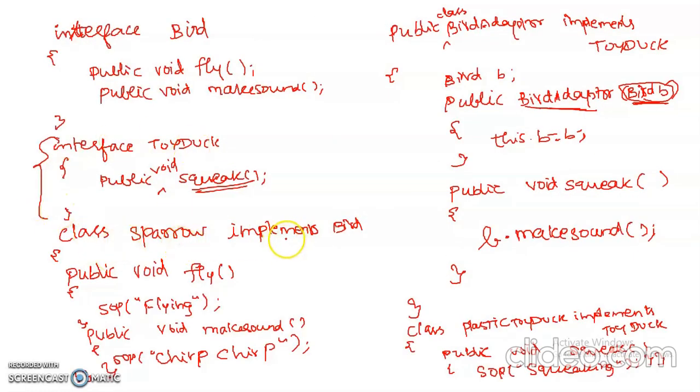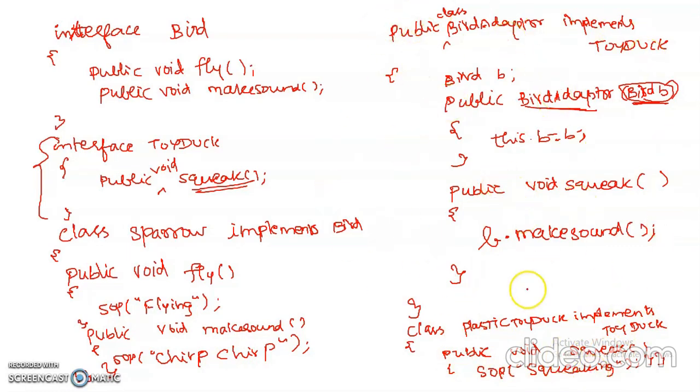So class Sparrow implements the Bird. It is having two methods: fly, inside that we are printing flying, and makeSound, we are printing chirp chirp. Similarly, PlasticToyDuck implements ToyDuck. We have a method squeak, which is printing squeaking, and we are having an adapter.